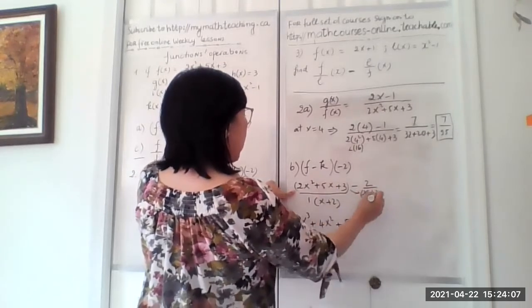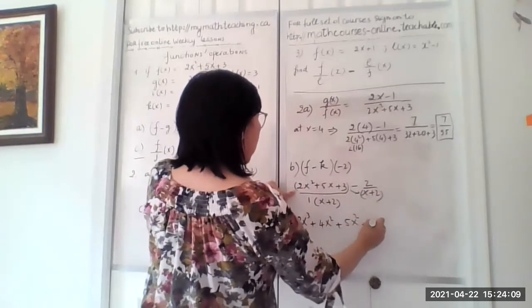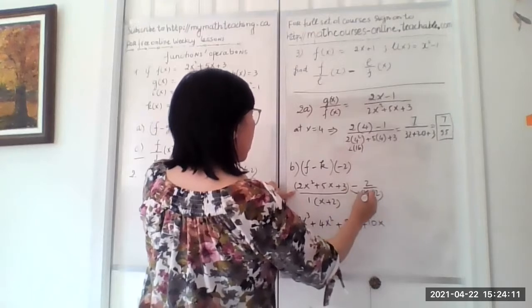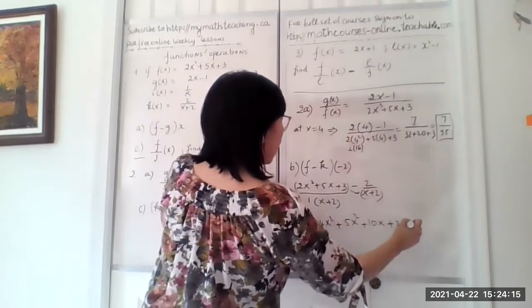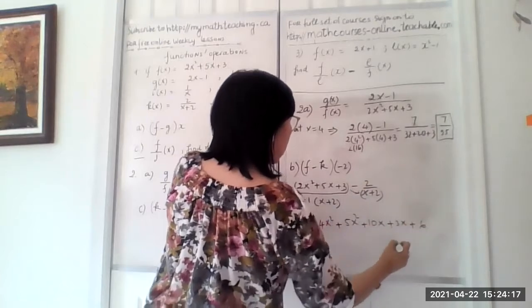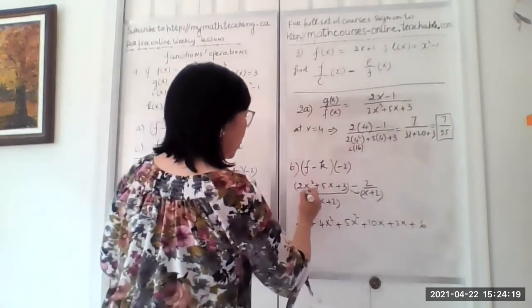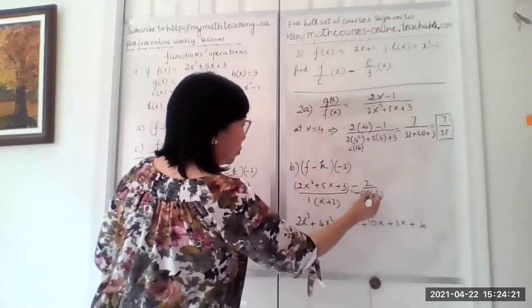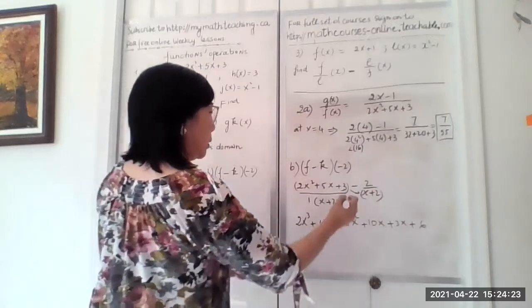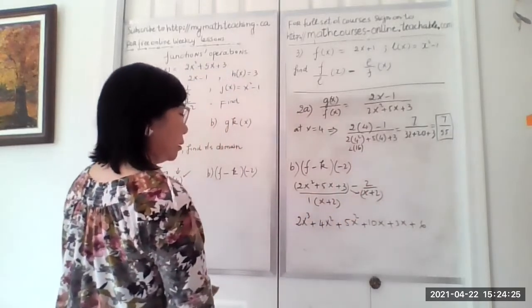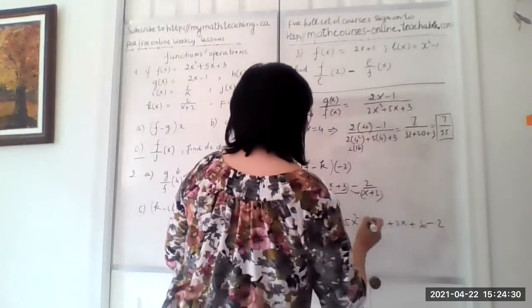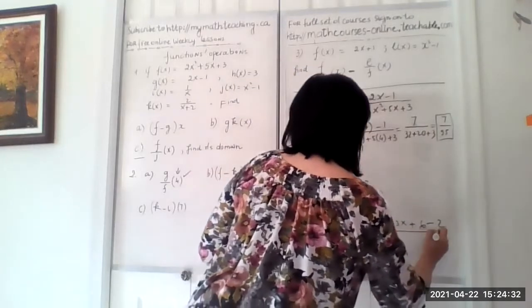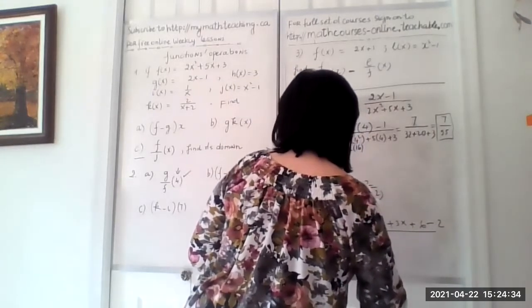And 5x times 2 is plus 10x. 3 times x is plus 3x, and 3 times 2 is plus 6. So that's on the top when we multiply this bracket with this bracket. And minus 2, but all of this will get the same answer down here, x plus 2.